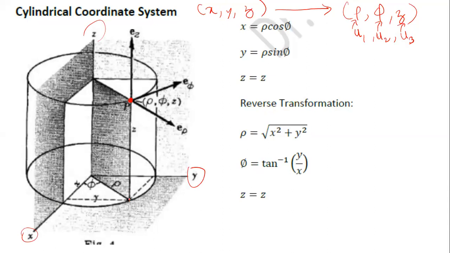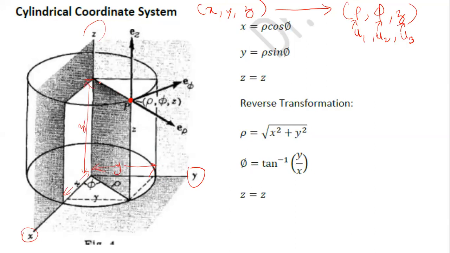After arriving at this point, if you drop a perpendicular on the x-axis, you get the x coordinate value. From this point, if you drop a perpendicular on the y-axis, you arrive at the y coordinate value. And if you drop a perpendicular on the z-axis and measure this value, this will give you your z coordinate value.